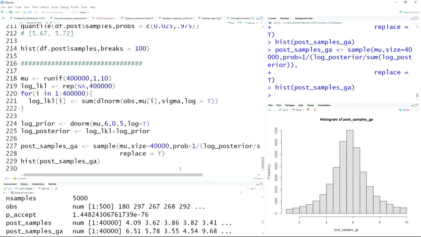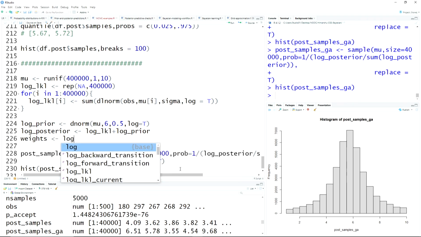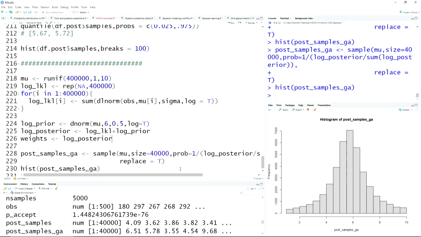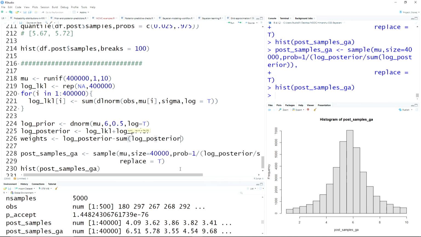I think we need to figure out a way to assign weights to each sample based on log posterior densities. One way could be to subtract something from those, let's say log posterior minus sum of log posterior or something.